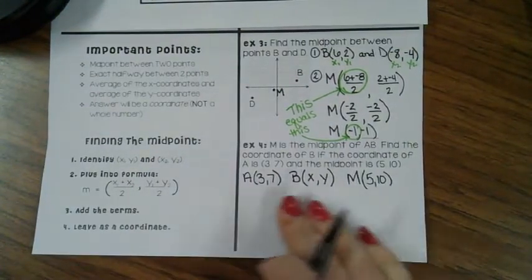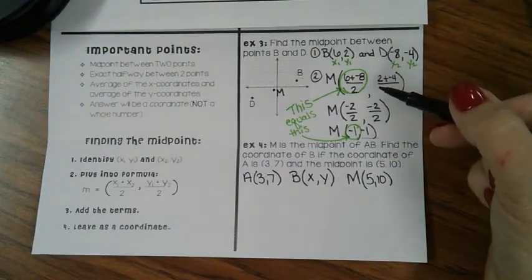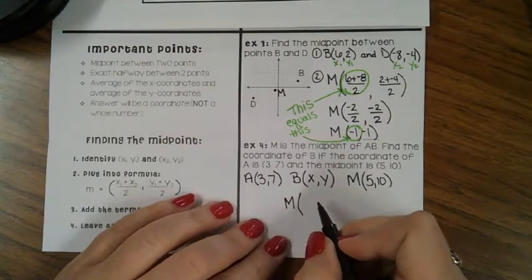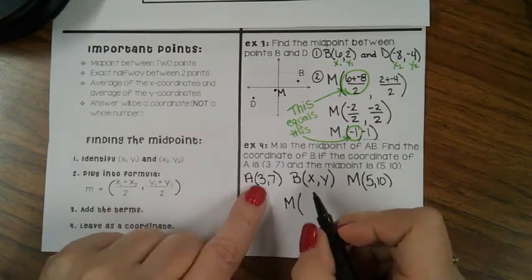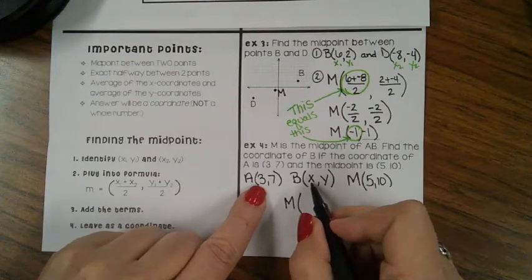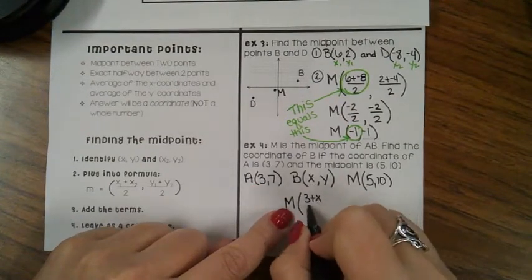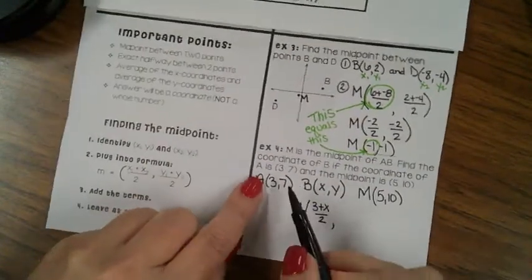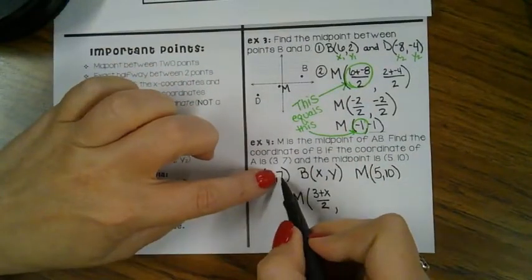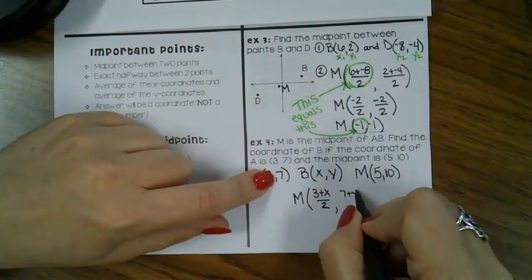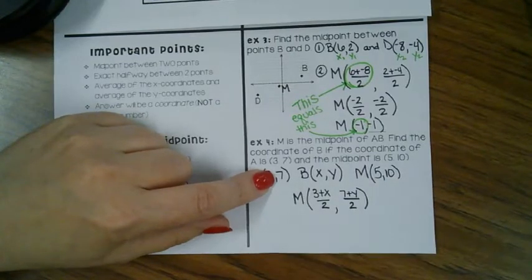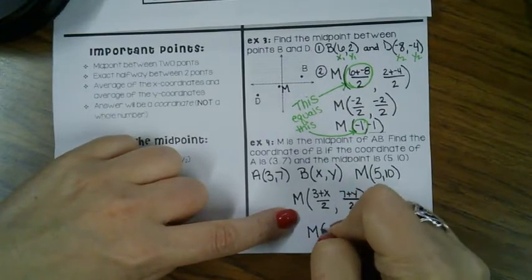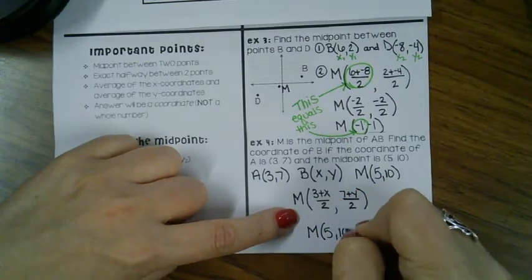So I'm going to set this up exactly the same way I set this one up. To find the midpoint, I add together my two X coordinates, so 3 and X, and divide them by 2. To find the Y coordinate of that midpoint, I'm going to add together the two Y pieces, so 7 and Y, and divide them by 2. And then we do the math, and we find out that our midpoint is 5, 10, just like we did here.